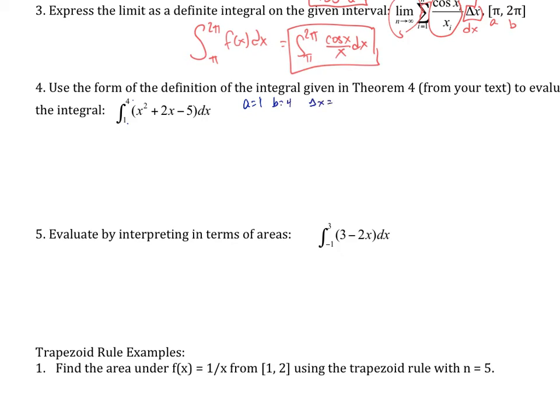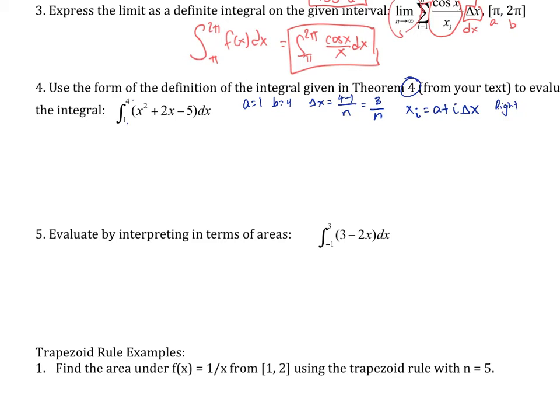Delta x is going to be 4 minus 1 over n, because I am finding an exact integral. I am finding an exact area here. That's what this theorem had me do. So 3 over n. Then x sub i, in this case, is a plus i delta x, because I'm choosing to use right endpoints here.